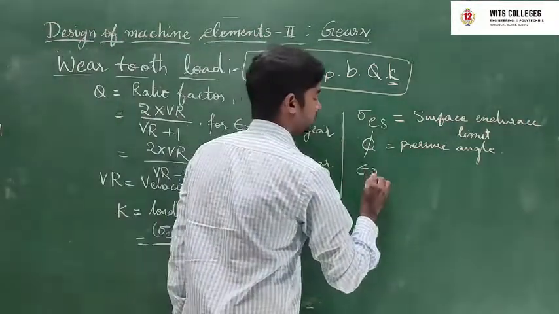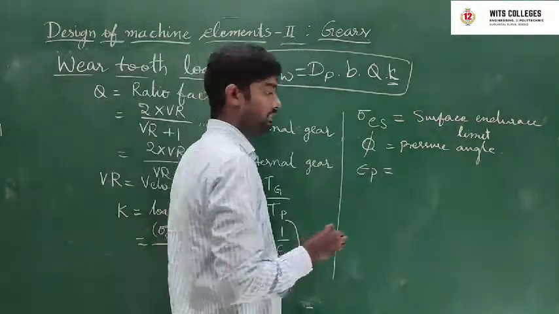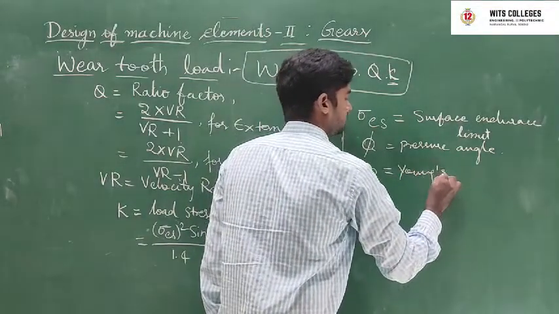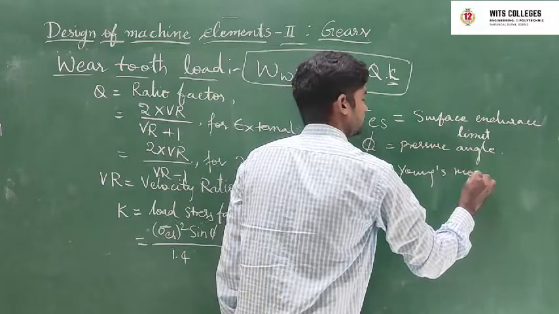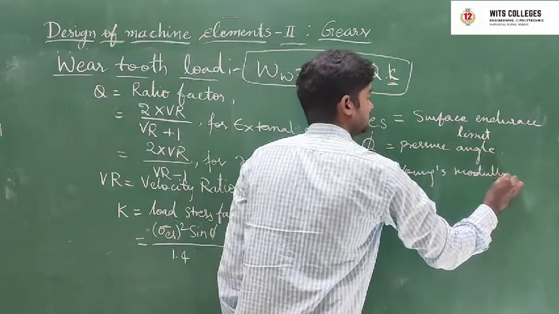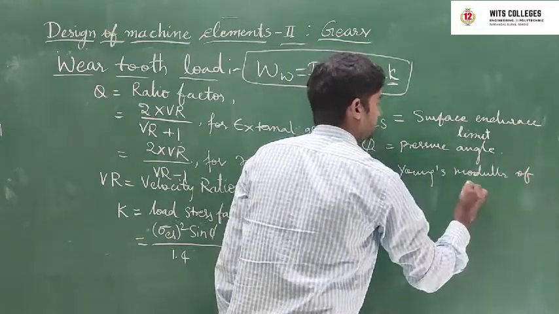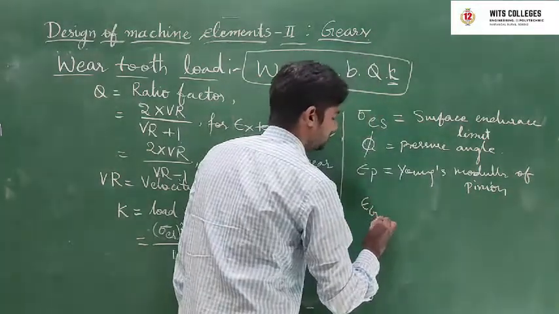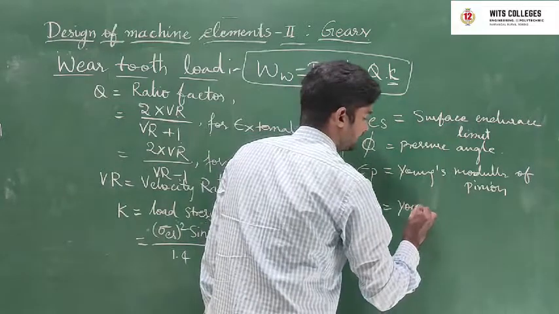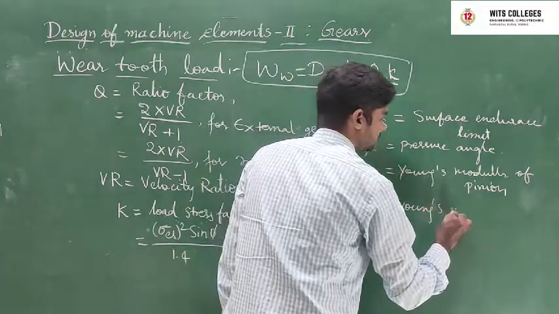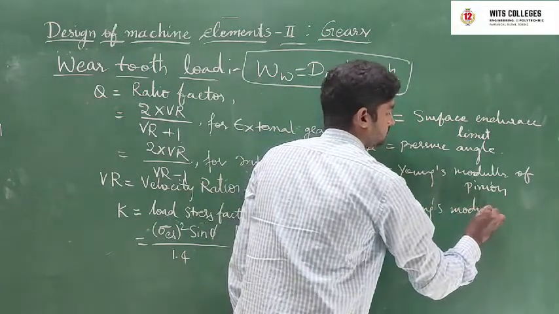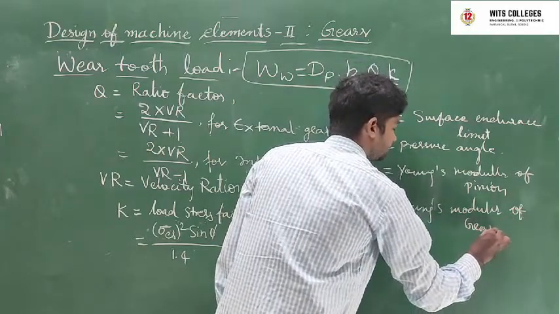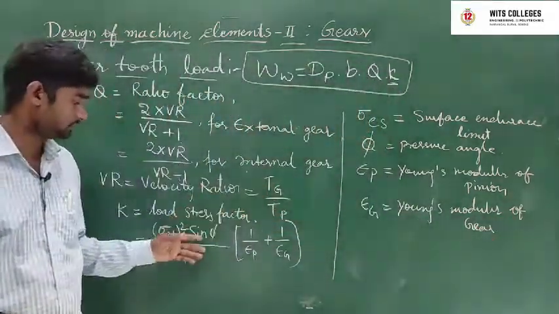EP is equal to Young's modulus of pinion. Next, EG is equal to Young's modulus of gear. Okay, these are the notations.